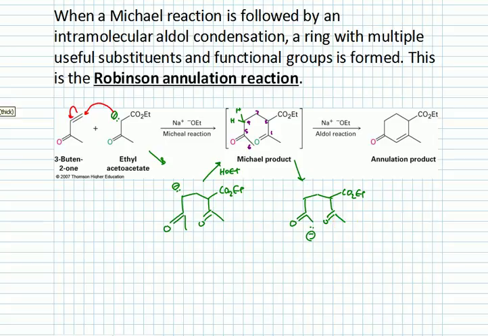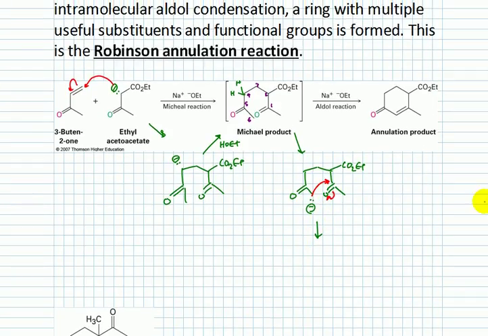And what happens, it'll do an aldol reaction. Remember, that's just an enolate adding to a regular ketone. That'll give us a 6-membered ring.